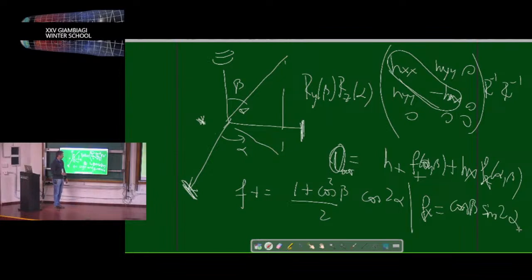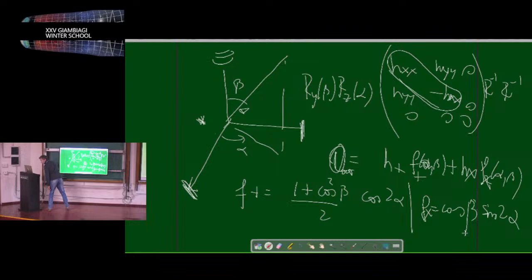Okay, so sine of beta, sorry. Did I remember that right? I hope so. No, it was a cosine. Why? Okay, I think it's wrong in the notes. It must be a sine.